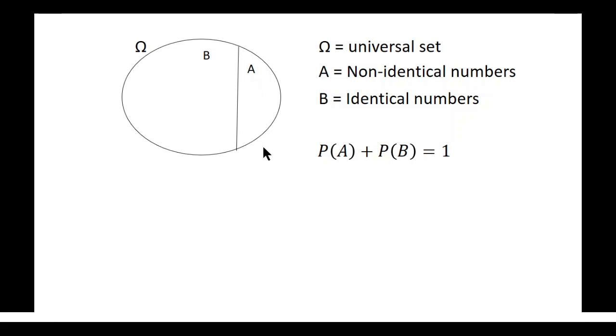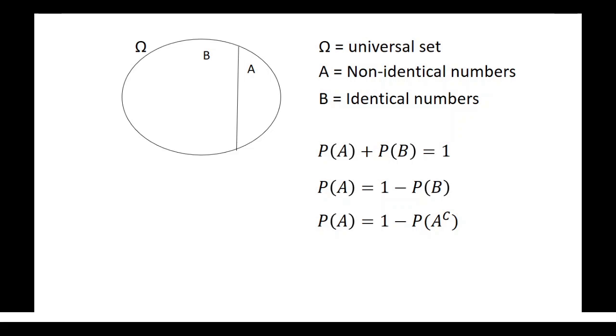In this situation, we can say that probability of A is equal to 1 minus probability of B, which can also be written as 1 minus probability of A complement. This is a very useful relationship and can be effectively used in solving probability questions.